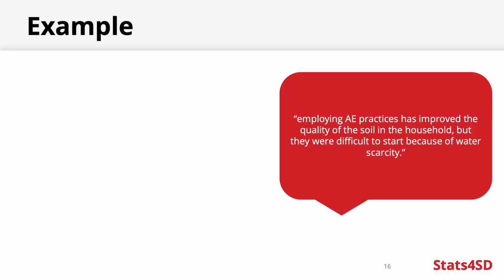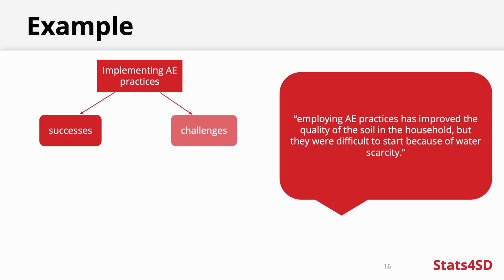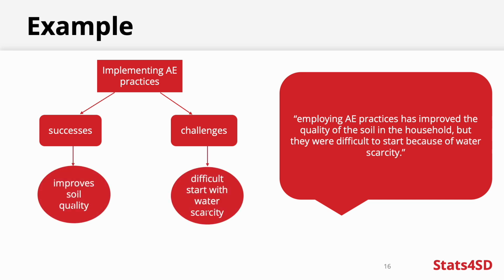To visually represent the example mentioned earlier, our overarching theme would be implementing agroecological practices. Then, the two main categories representing the positive and negative aspects identified in the data will be successes and challenges, under which we can place our subcategories of improved soil quality and difficult start with water scarcity.